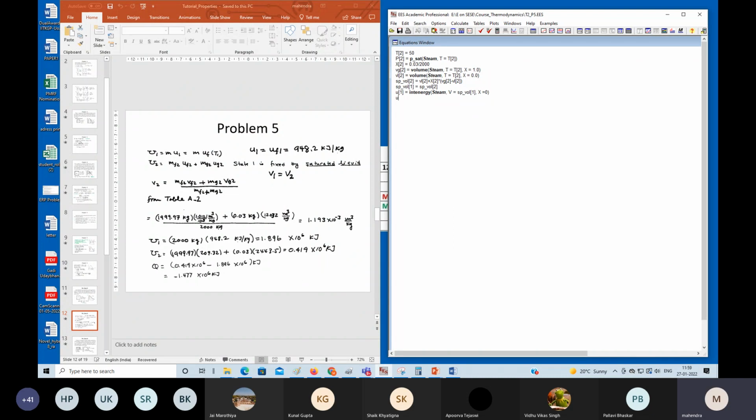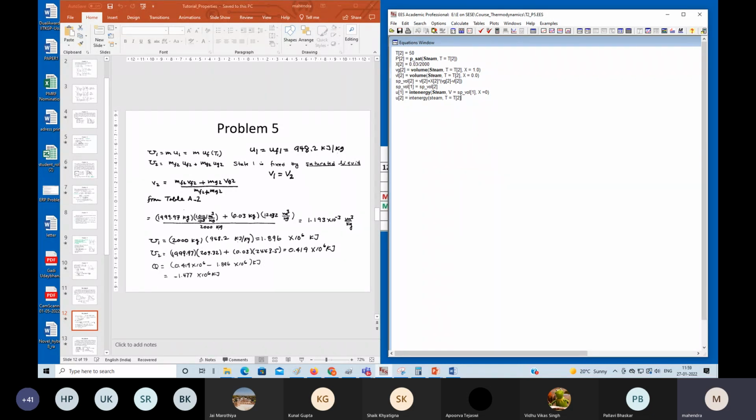U2, what can we write? Int energy, then again fluid steam, then T equal to T2. T2 we have already defined.